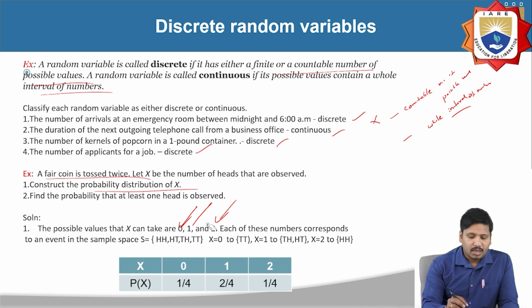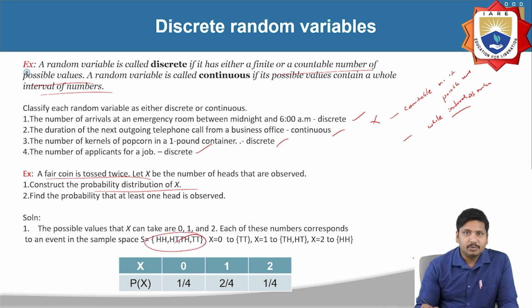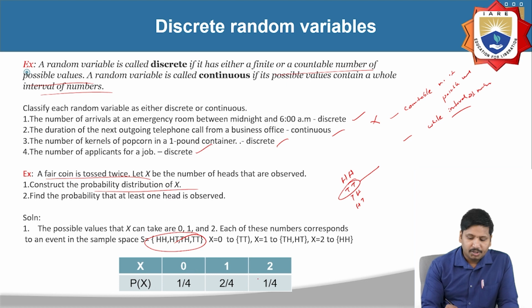Now the sample space contains the possible outcomes: 2 heads, 2 tails, 1 head and 1 tail. The probability of getting 0 heads is the only one option, so that is 1 by 4.